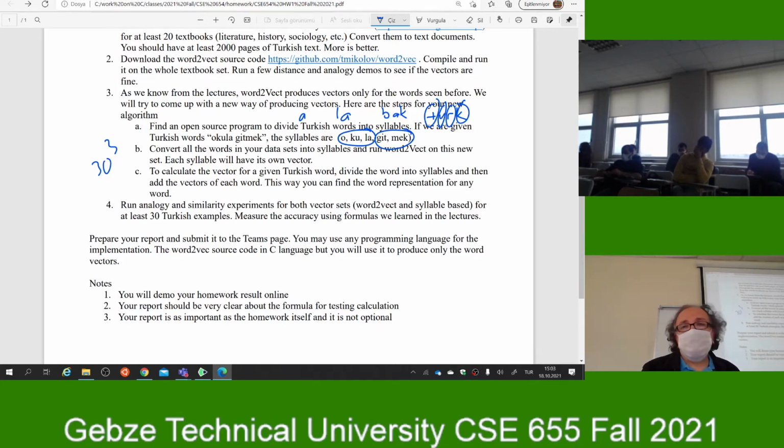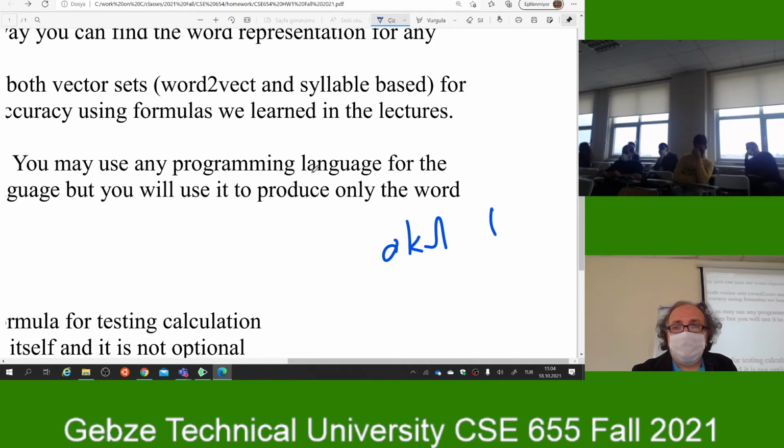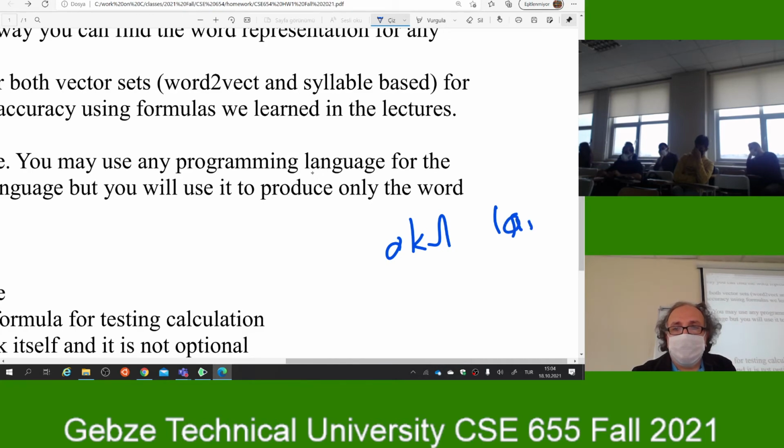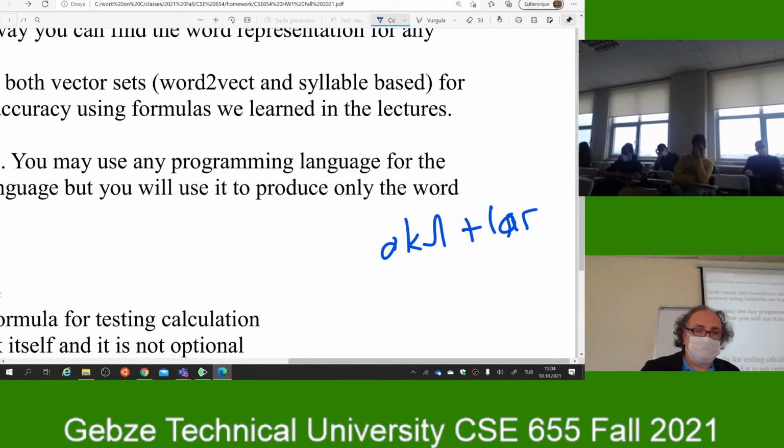This should work because remember, if okul has a word vector, and lar has another word vector, by adding these, what I am doing is just adding the plurality vector to the vector of the stem.